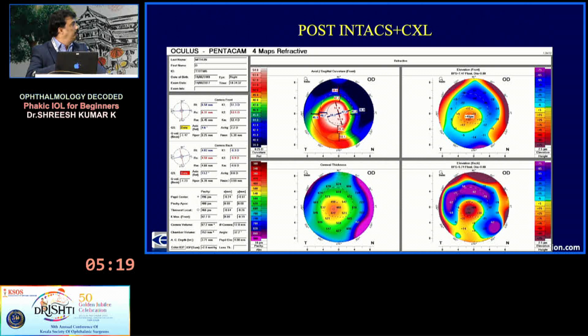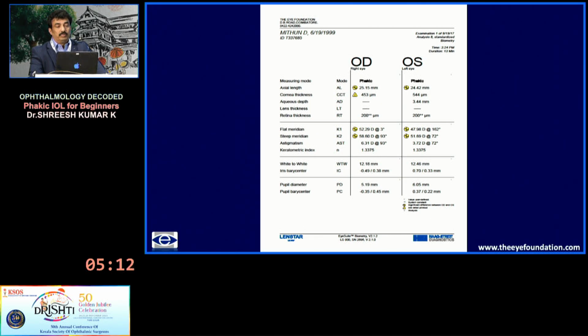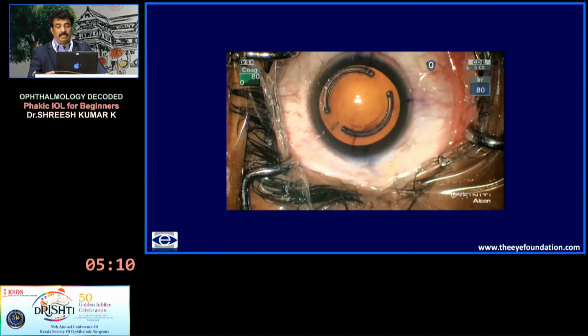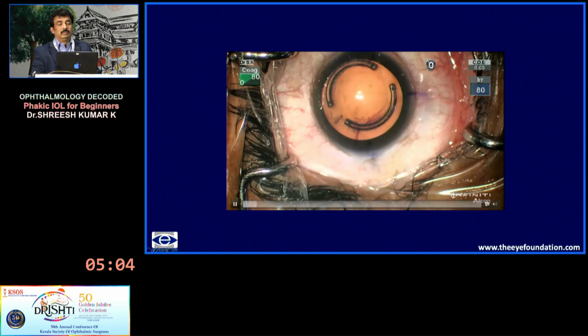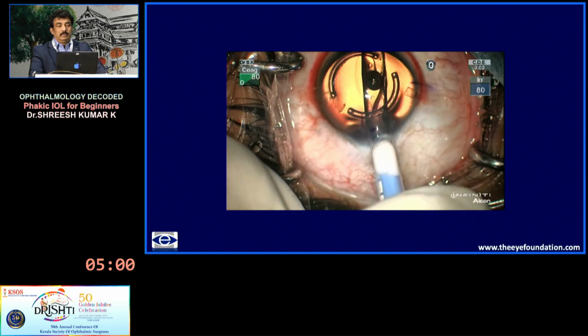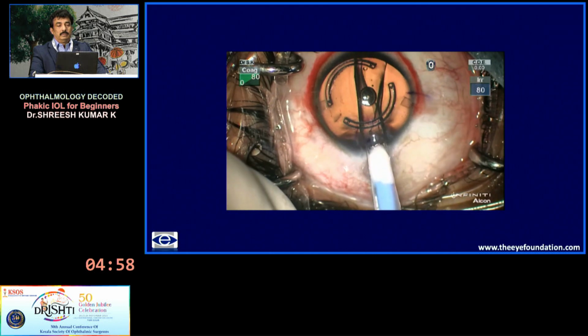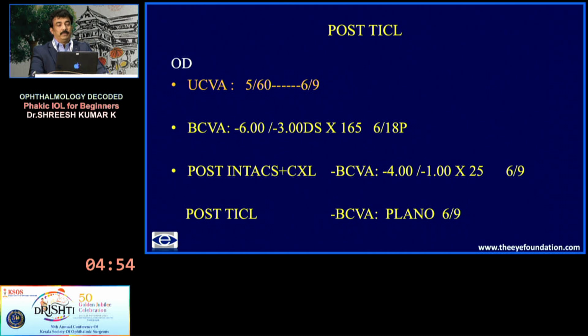This is the centered cone now, and for the residual error we implanted a phakic lens. Post-operatively, the patient is doing well.